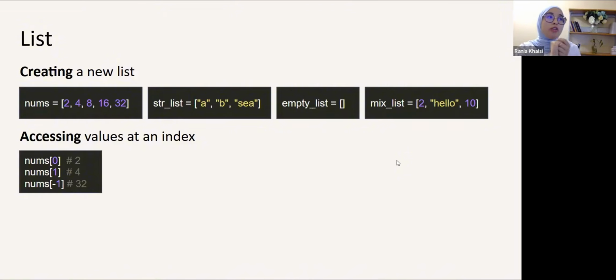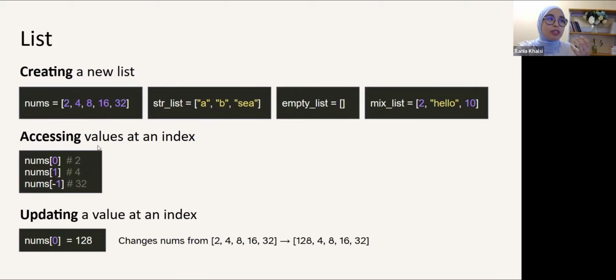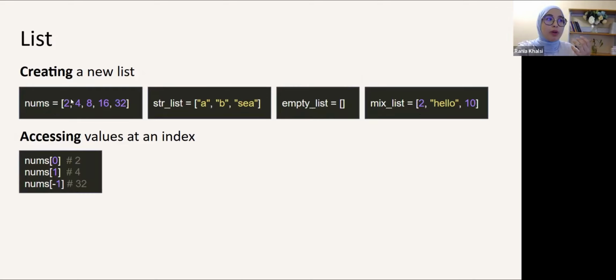Now, when it comes to the order, it means that we can assign values at an index. For example, this is the first one, this is the second one, and so on. When you're working with a list, it's ordered, and we always start with the index 0.